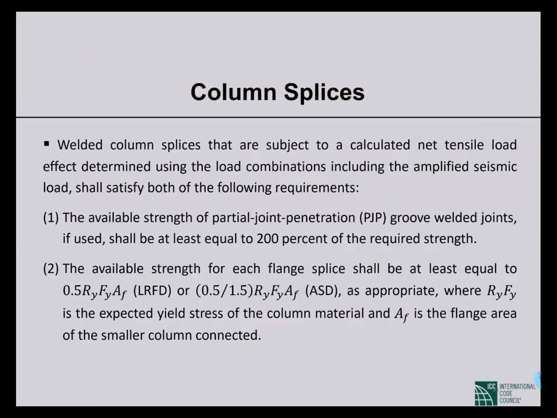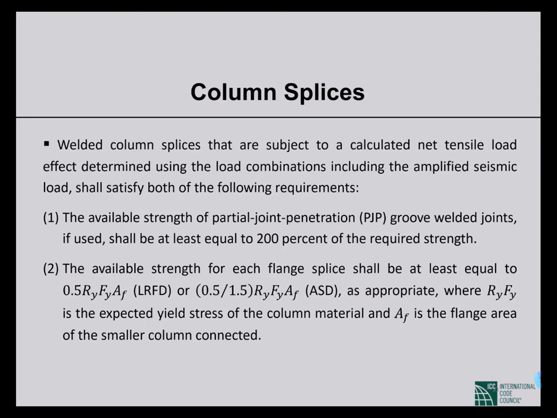Now column splices, welded columns, this is very important. Welded column splices: we don't want columns to fail, so we are very conservative about that. Welded column splices that are subject to a calculated net tensile load effect determined using the load combinations, including the amplified seismic load, shall satisfy both the following requirements.